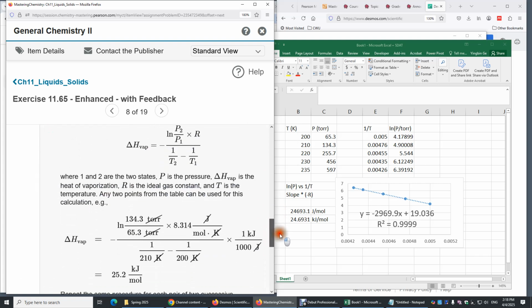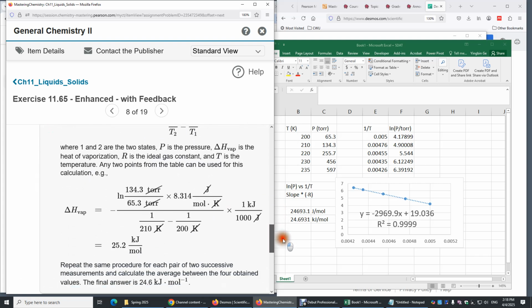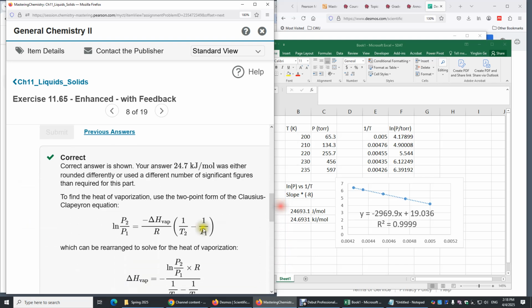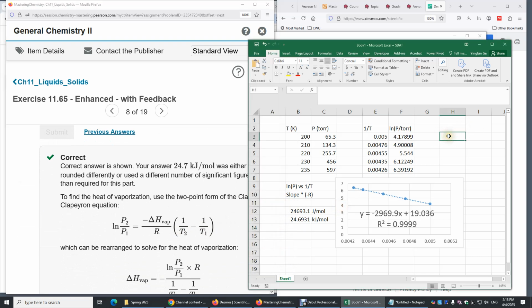24.7. Are there other ways to get the answer? Actually, in Excel, I think there's a function called slope. So we'll get slope directly. You select the vertical, and then the horizontal, I believe, and then you get the slope.